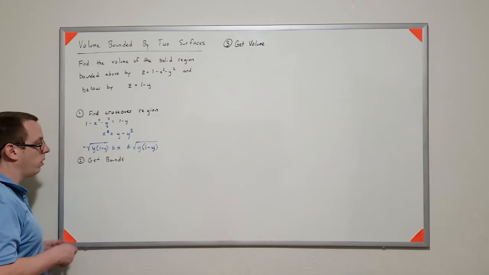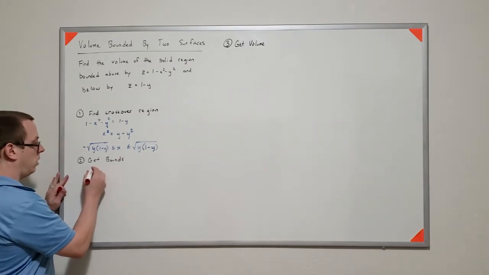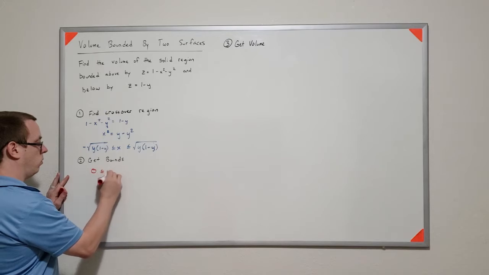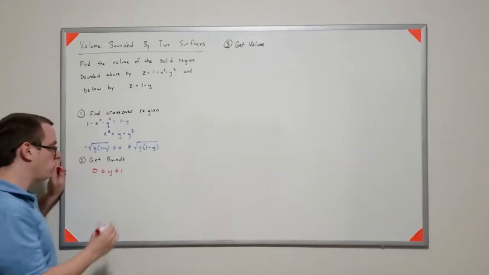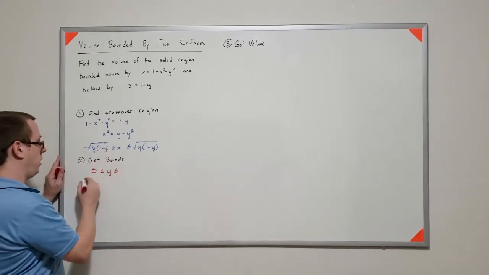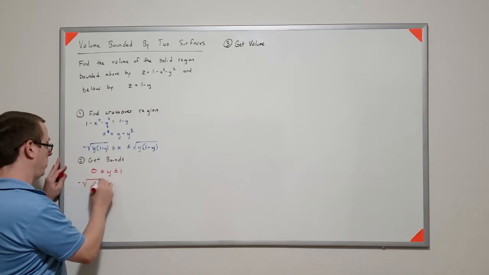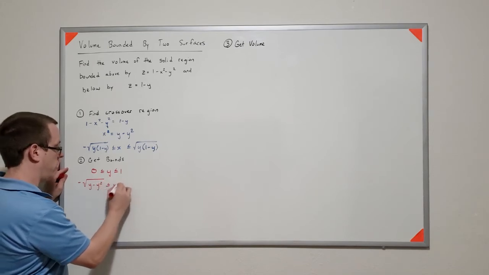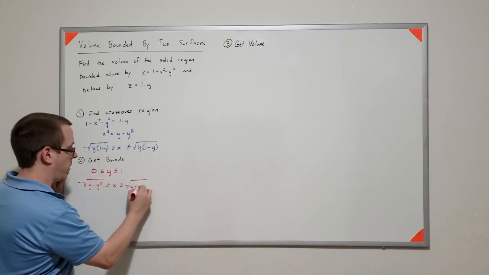It says, okay, well, y can only go from 0 to 1, and x can go from negative square root of y minus y squared to positive square root of y minus y squared.